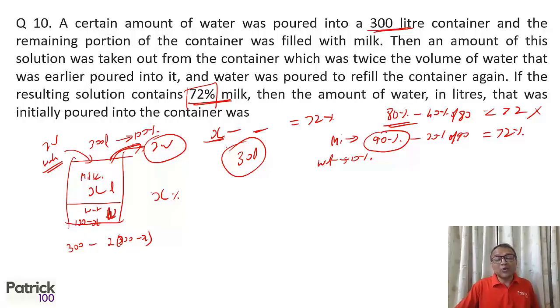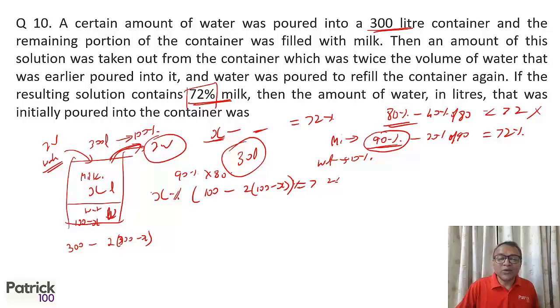If I take in percentage, for example, X% into 100 minus 2 into 100 minus X should give you 72%. If I calculate X as 90, putting this formula itself, X is 90, 100 minus 20, 80%, 90 into 80% is 72%. You get the answer.